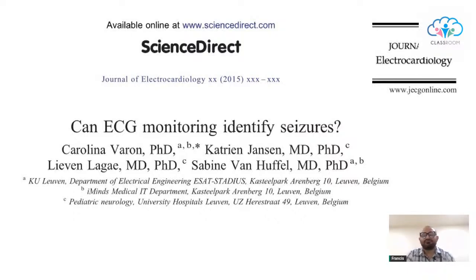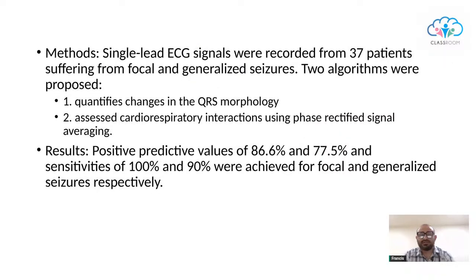There have been various trials that have attempted to find ways to identify seizures even before they happen. And some of them have involved ECG monitoring as well. This is one slightly old article published in the Journal of Electrocardiography, where single lead ECGs were recorded from 37 patients suffering from both focal and generalized seizures, and two algorithms were proposed.